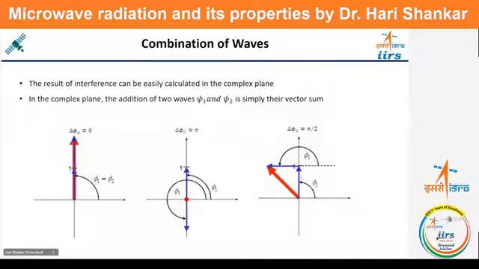Here you can see this is the first signal and this is another signal, but the phase difference between them is pi by 2. So this is one vector, this is another vector. From this tail to this arrow we can draw a vector, which is called the resultant vector. That way we can understand the strength of the resultant signals.